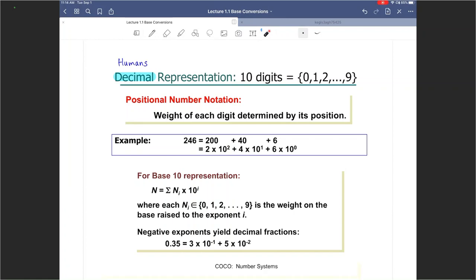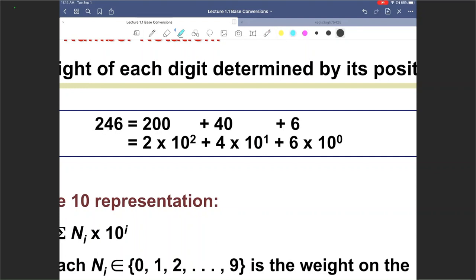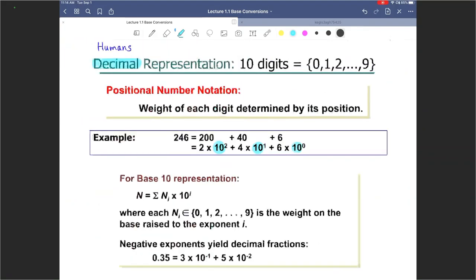So what do you see over here? You see 10, 10, 10, right? That is the same as 10 digits. So you see this number 10 repeating over here in the decimal number system, because the number of symbols or digits that are in this number system are 10, 0 through 9.